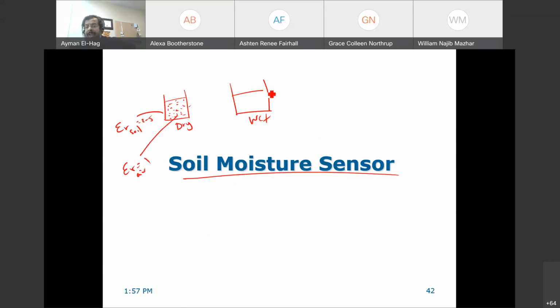Now when this is wet, it is soil again with the same dielectric constant, epsilon r equal to 2 to 5, but here you will have water, so epsilon r of water is equal to 80. It's very, very high.